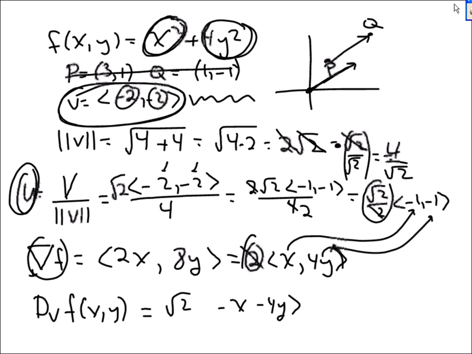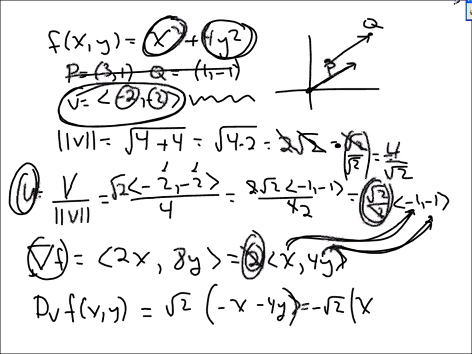So, I multiply the constants, and then x times -1 is -x plus 4y times -1 is -4y. So -x plus -4y is -x minus 4y. And you can factor out the square root sign, and the negative sign, and you get x plus 4y.